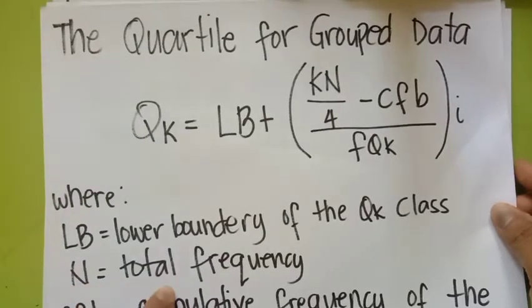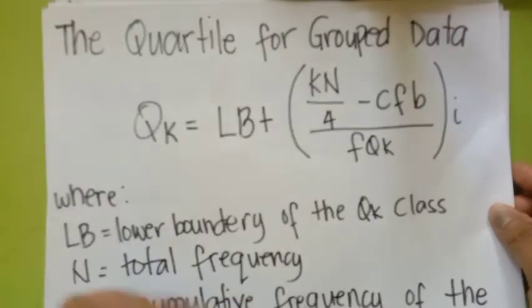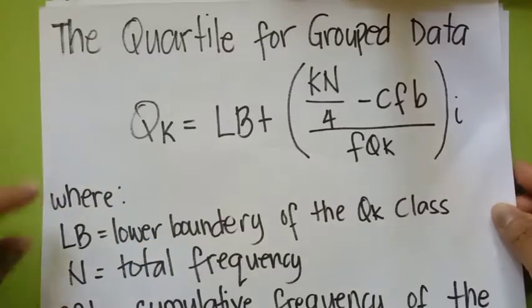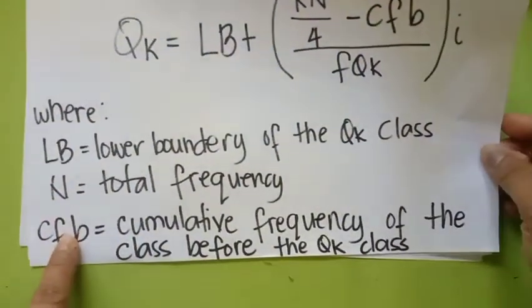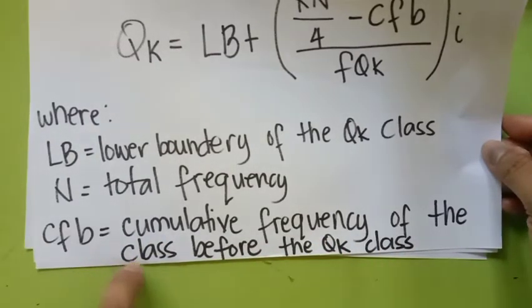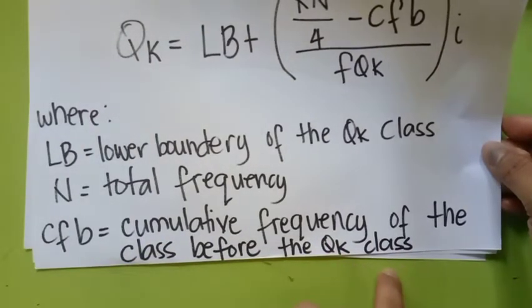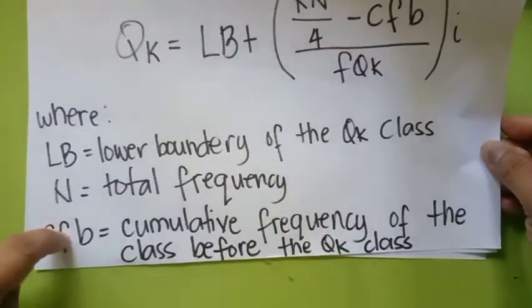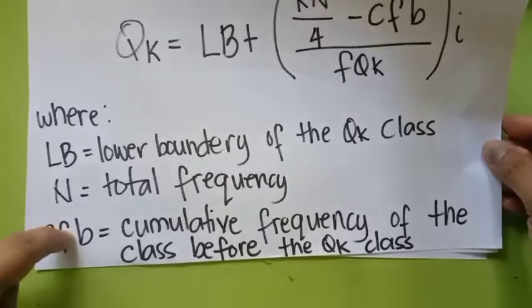N is the total frequency, kung ilan lahat yung distribution mo. And then, CFB. CFB is the cumulative frequency of the class before the quartile class. Mamaya, ituturo ko sa inyo kung paano kuhanin yung CFB na yan.